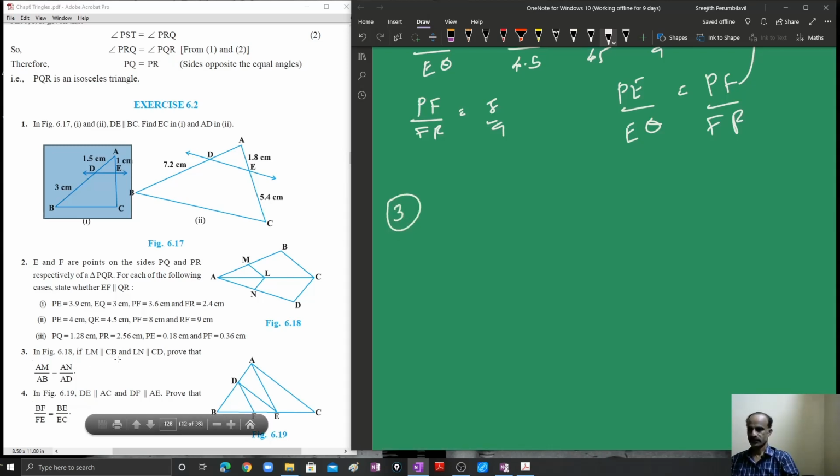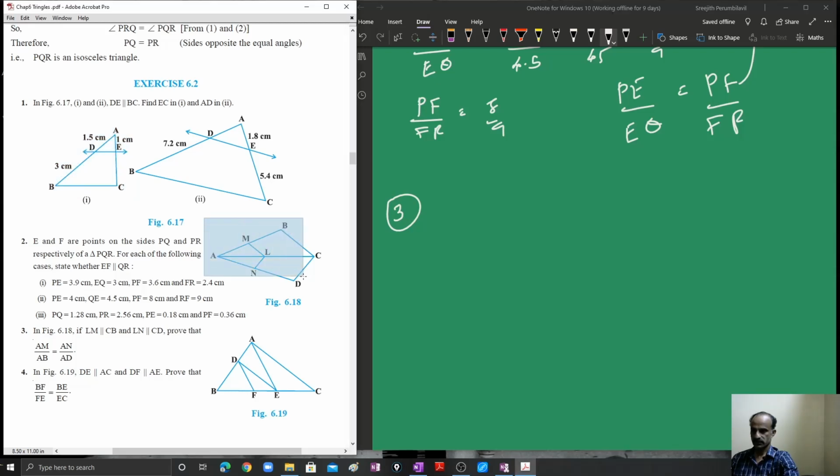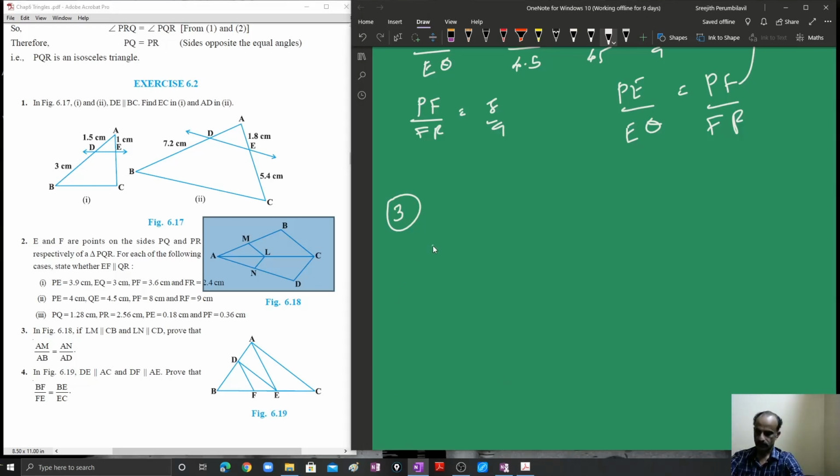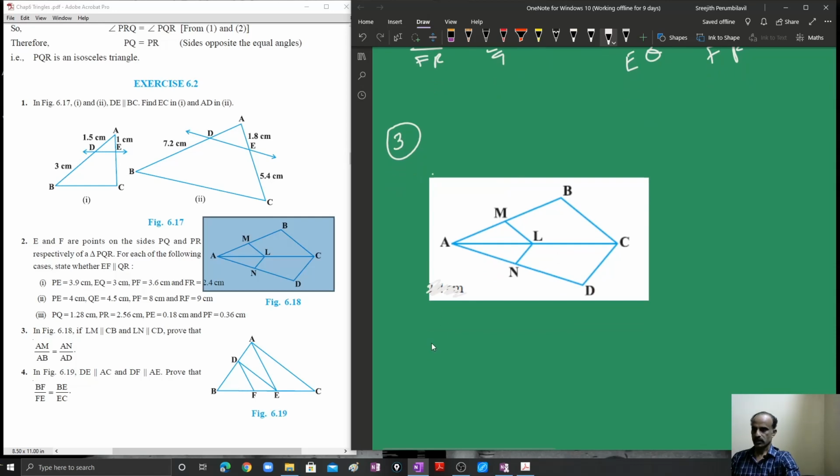Question number 3 is based on figure 6.18. Let us copy this figure. This is the question. In the figure given, this is the condition given.